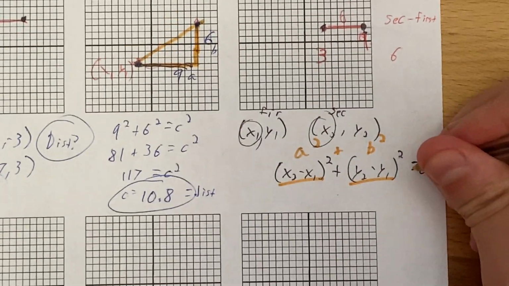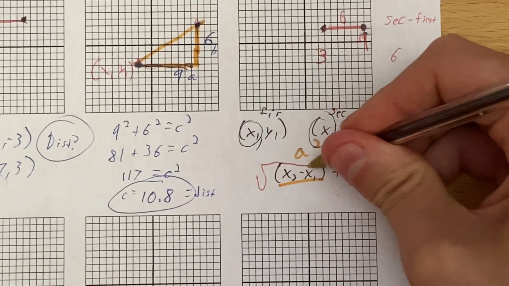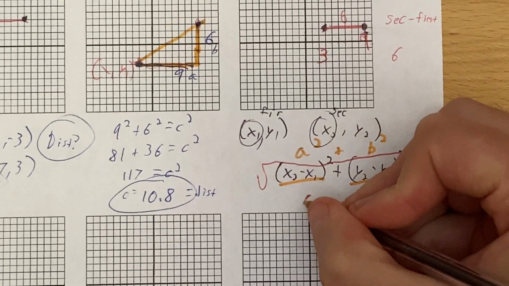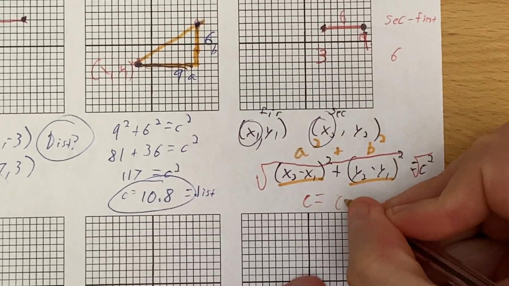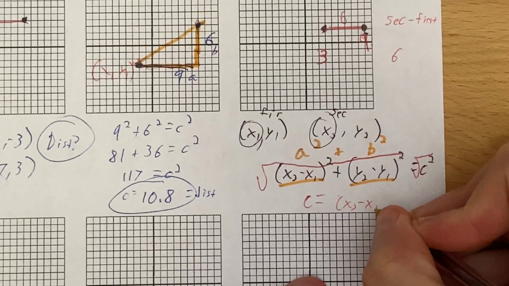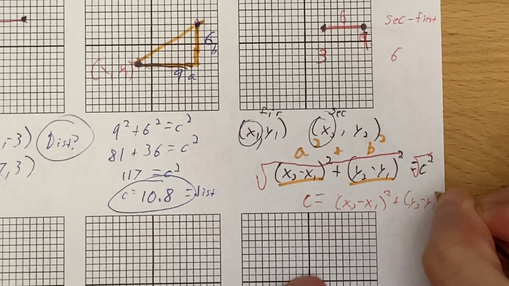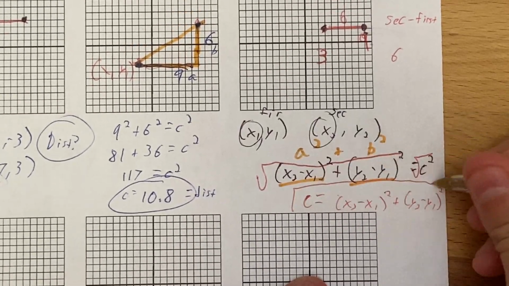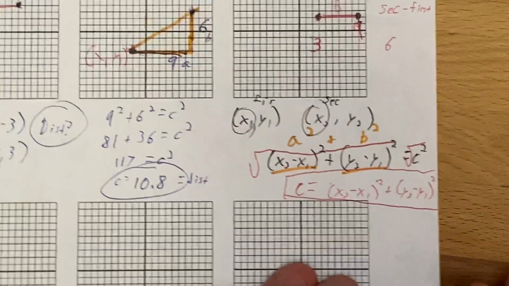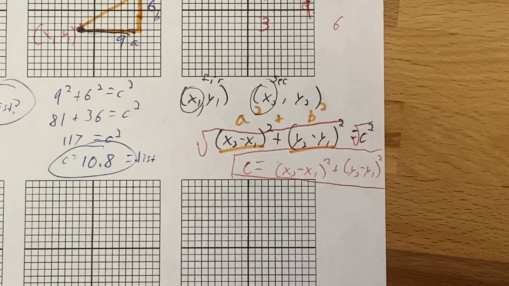So normally the last step is to square root both sides, so that's just what we're going to do right now. And you can just say c is equal to all that stuff that I just wrote down. And that right there, ladies and gentlemen, is the distance formula.